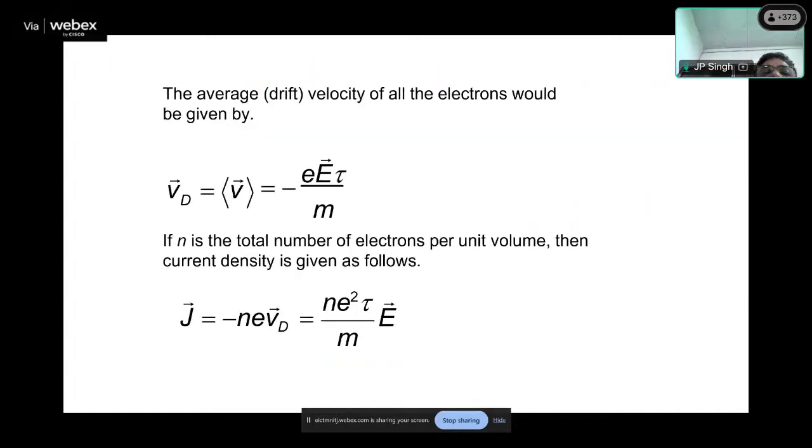Now if I average this velocity, which is the drift velocity, over all electrons, like 10 raised to power 28 per meter cube, this much number, then, because of the assumption of the Drude model, the electrons after the collision randomize, their directions change, so there is no net direction in which they are moving.